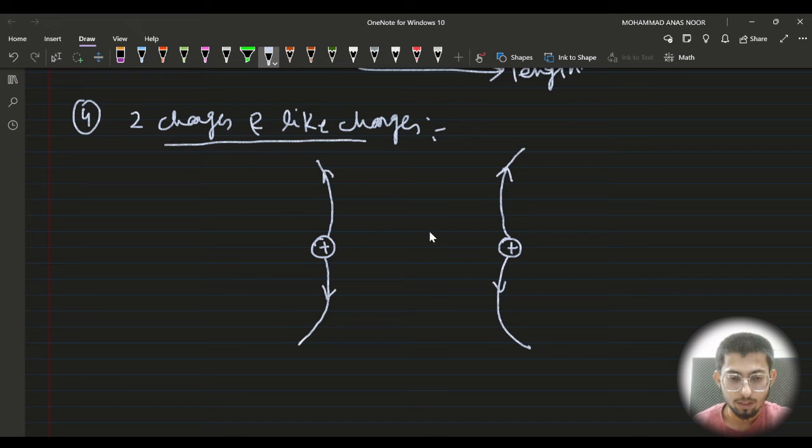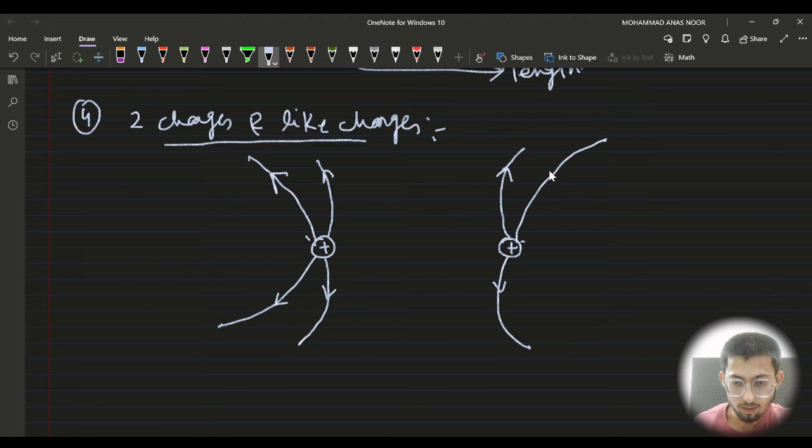They are exerting force, so they will never come close. They will go like this, going away from each other. Further you can draw more.